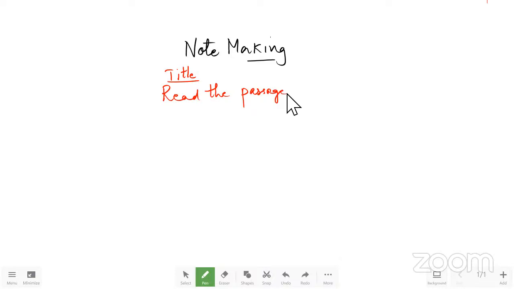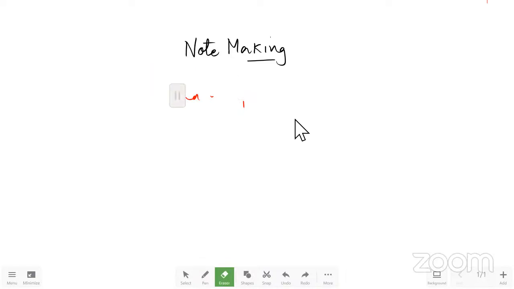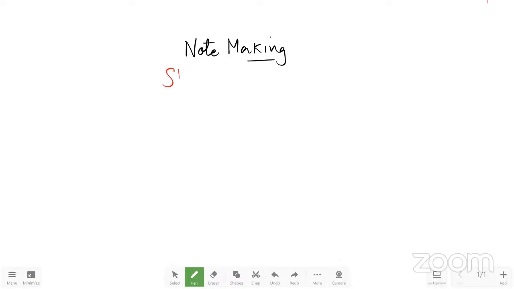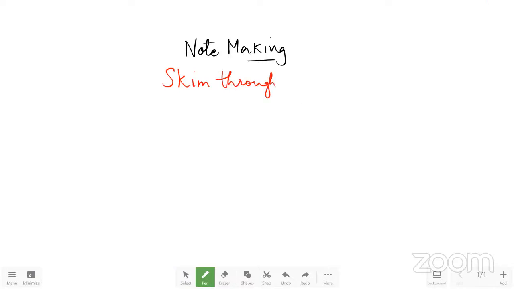Read the passage carefully. First you have to read, no? Read through the passage carefully, because you should understand the important points.